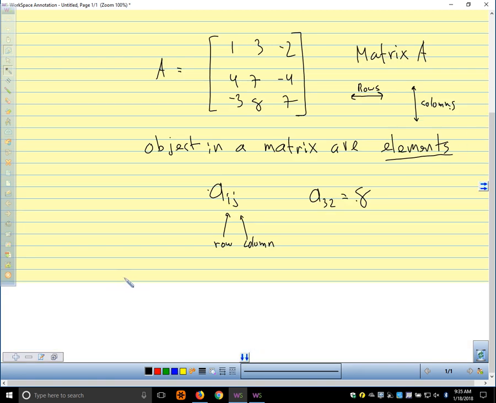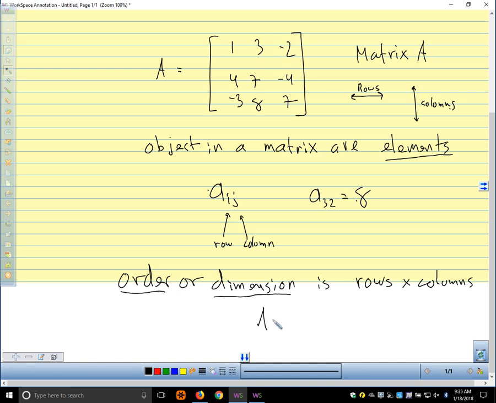The order or dimension is rows by columns. So for example, A is a 3 by 3 matrix. Its order or its dimension is 3 by 3.